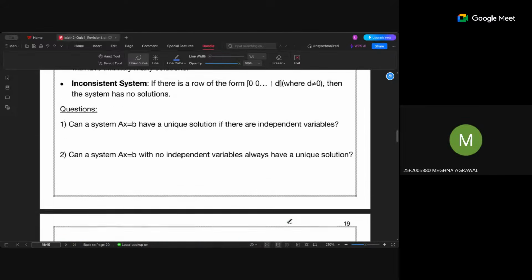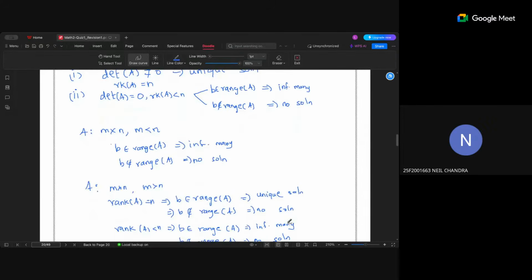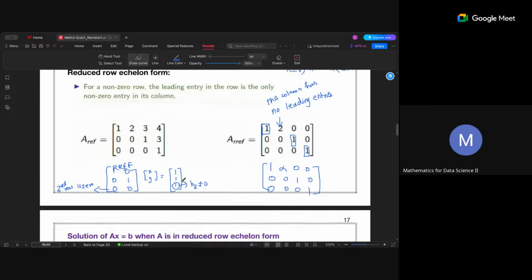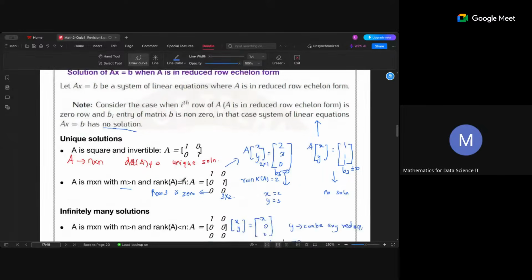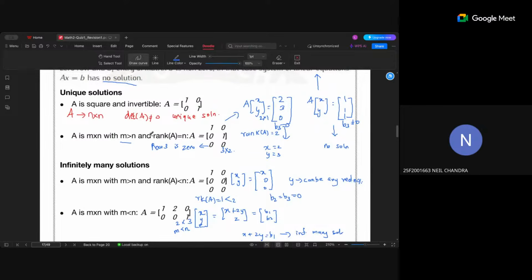Ma'am, can you explain what we mean by not considering the no solution case? Why did we neglect the no solution case earlier? See, it's not like I'm not considering the no solution case. I'm considering that my B is in the range of A. So in the examples I have specifically considered, I have just considered B is in range of A. That's all.